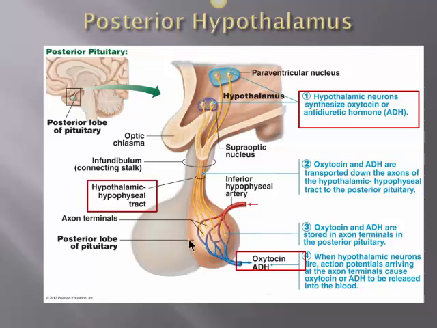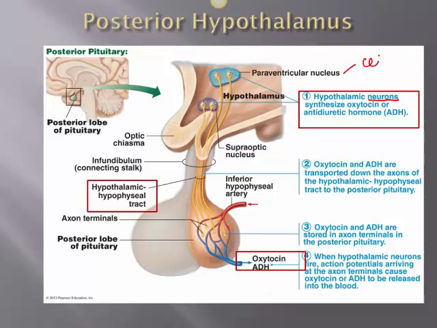So let's begin with the posterior hypothalamus. In the posterior hypothalamus, you have various nuclei present, of which 2 nuclei are extremely important. You don't need to remember the name. If you remember from ANP1, the word nucleus means that that is where neuronal cell bodies are collected.